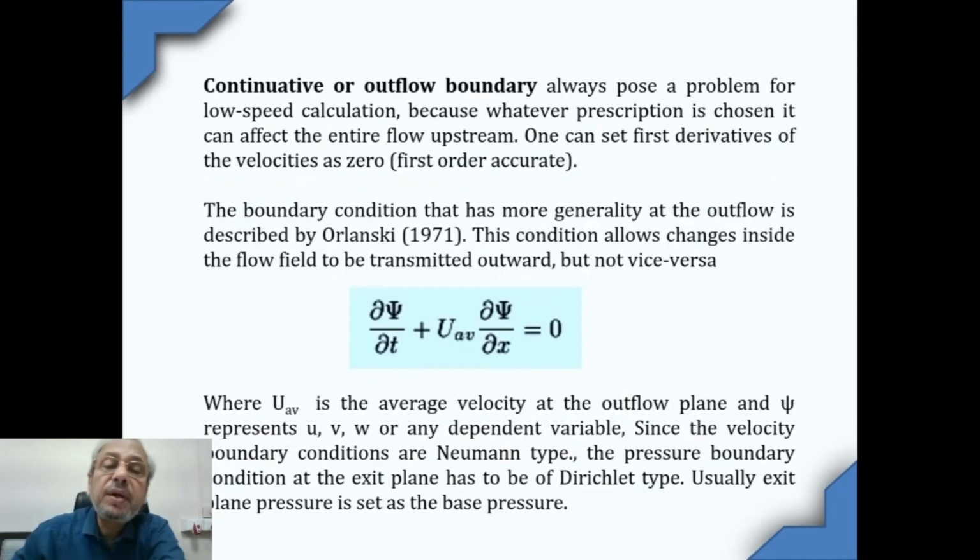That is a plausible boundary condition. But these boundary conditions are first order accurate, but not wrong either. The only thing is, accuracy can be enhanced. If you look at it physically, del u del x equal to 0, del v del x equal to 0, del w del x equal to 0, these boundary conditions are also in a way conveying the message that acceleration is 0.